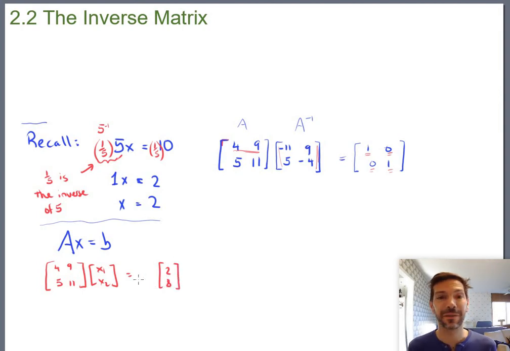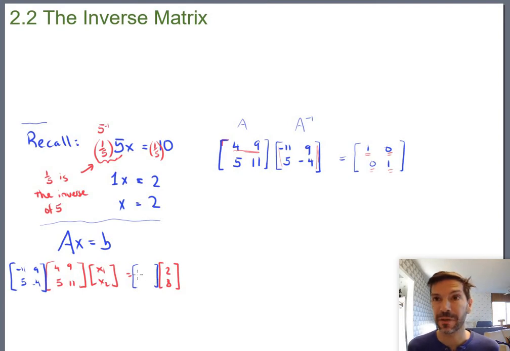Again, we could do augmented matrix and row reduce, but now we have a second technique. We could multiply both sides by the inverse. So the inverse I know to be negative 11, 9, 5, negative 4. And of course, if I multiply one side of the equation by it, I need to multiply the other side of the equation by it.